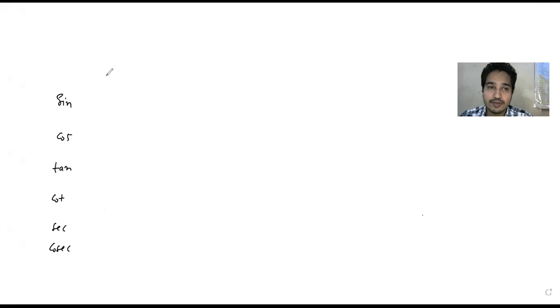the value of like sine 0, sine 30, sine 45, sine 60 and sine 90. Okay, so we will learn the trick of how we have to find the values of all these angles.